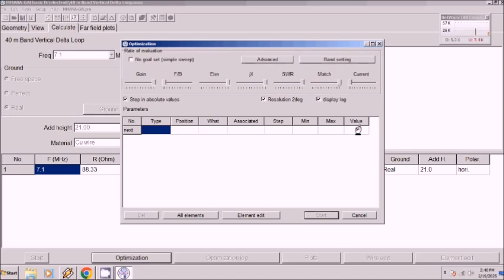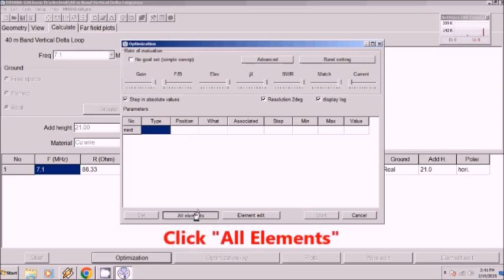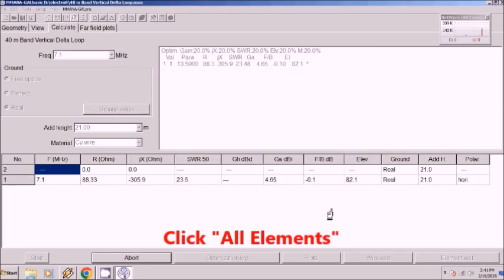For current and voltage at the wire, we don't have to set anything here, it is not important. So the optimization will be to all elements, so click all elements here and start to optimize.